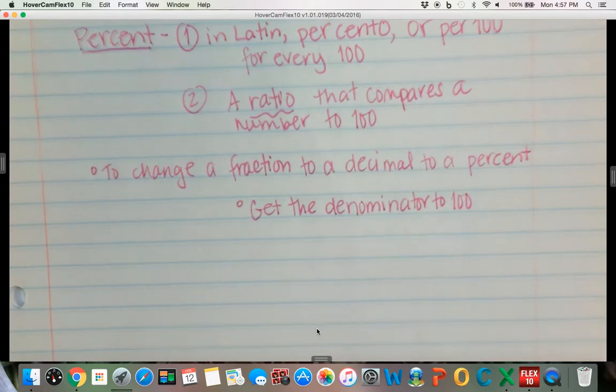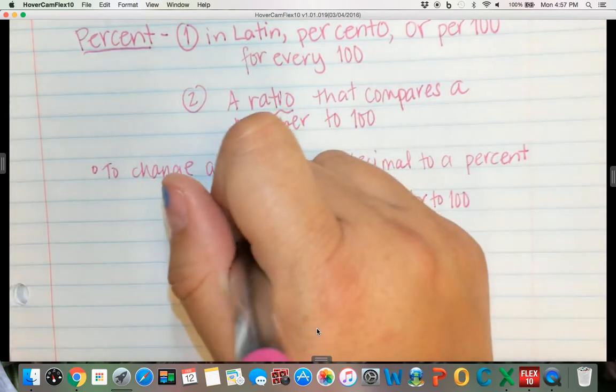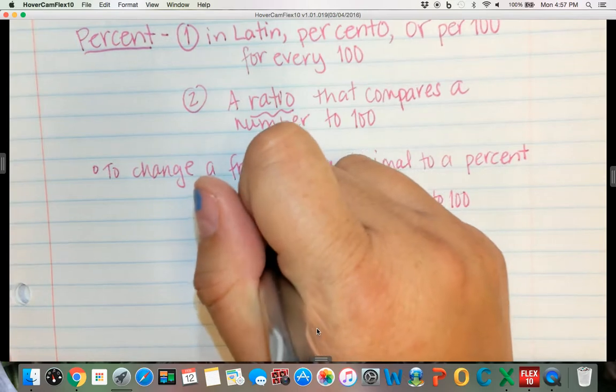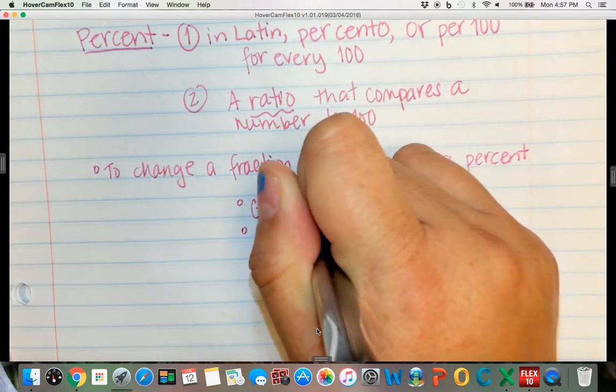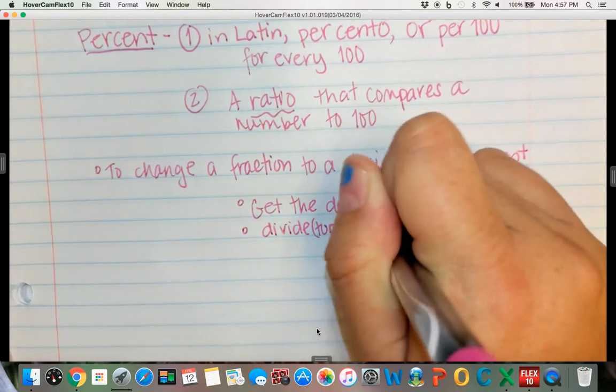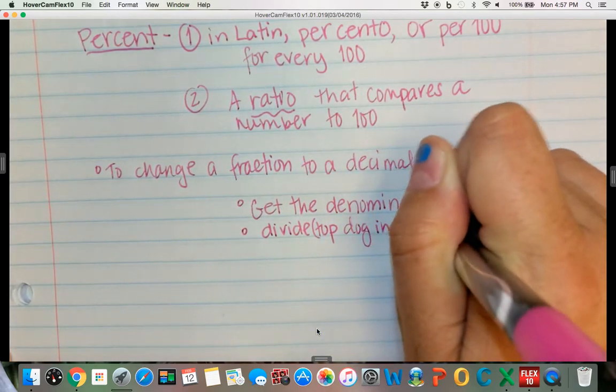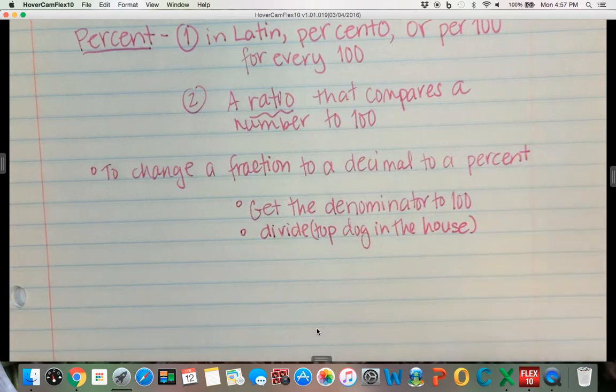And then say what percentage it is, because it's always out of 100. But if you can't easily get the denominator to 100, then you must divide top dog in the house. Meaning the first number always goes in the house.